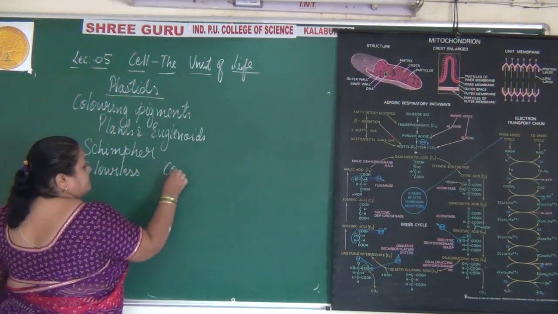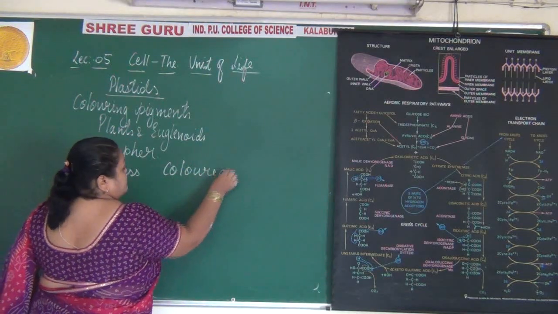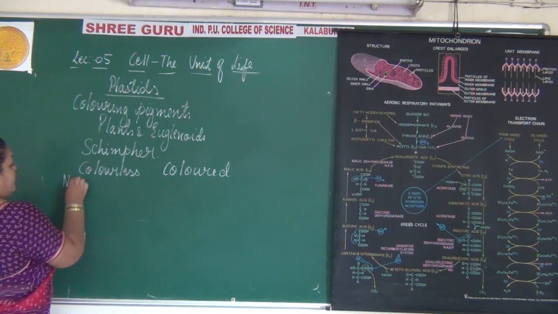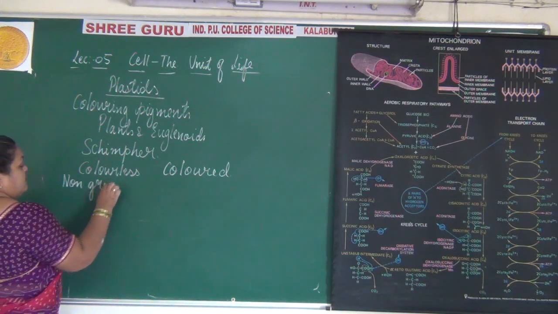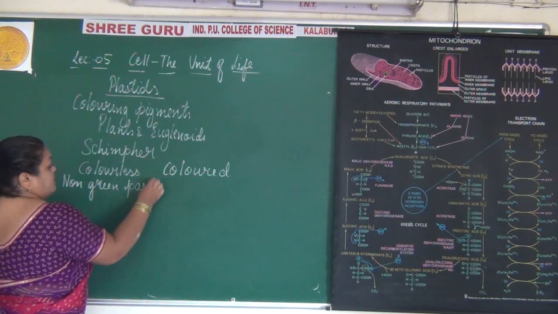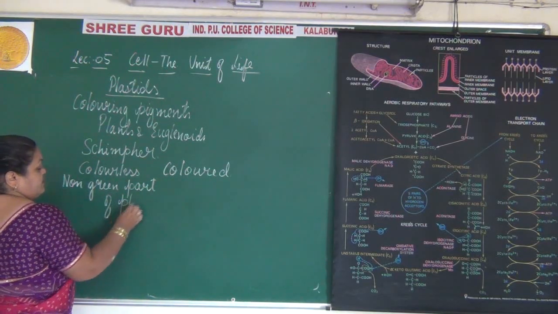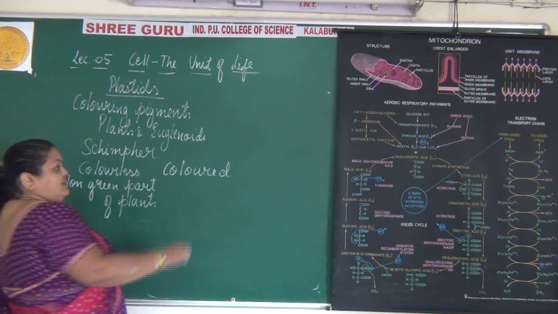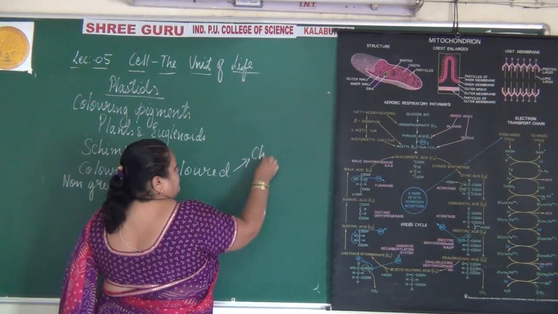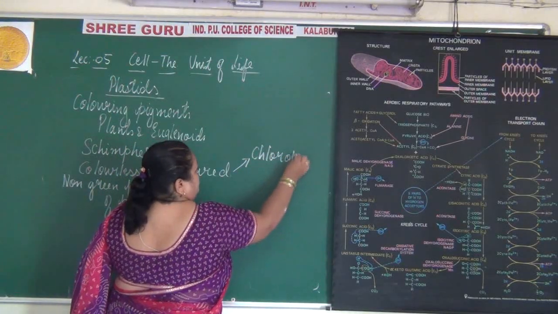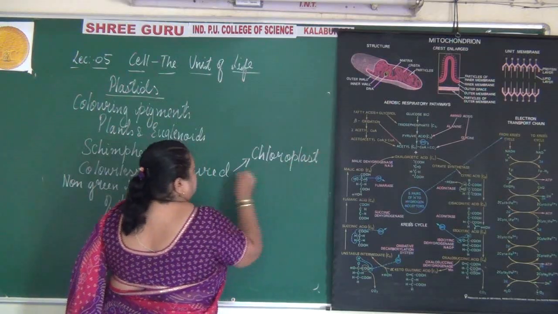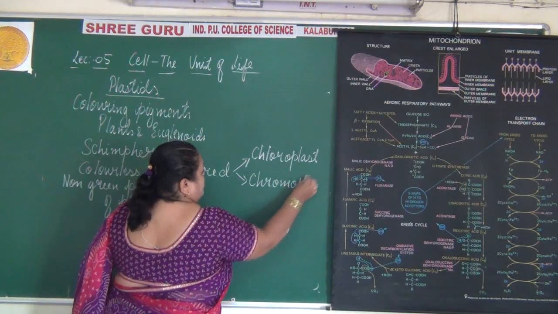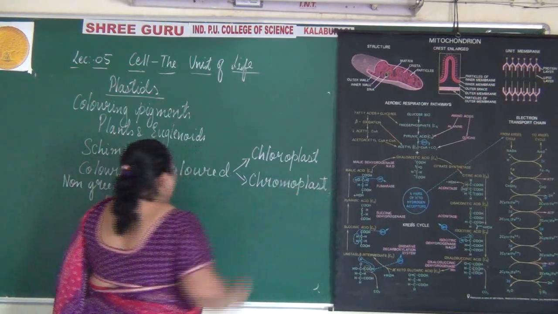Colorless plastids are the non-green parts of the plants, while the colored plastids are chloroplast and chromoplast.